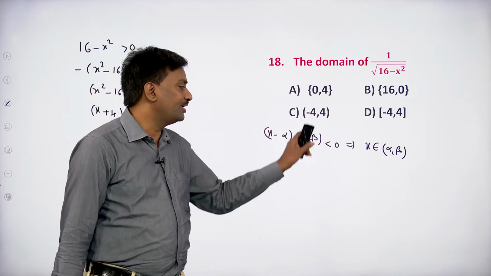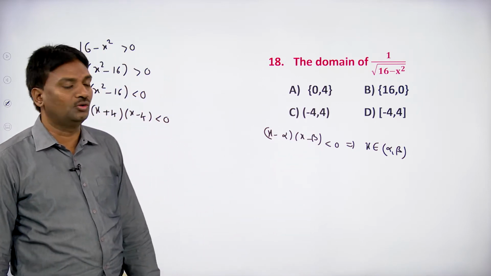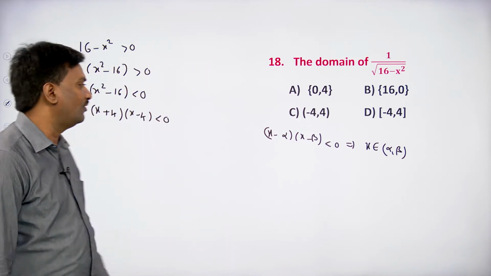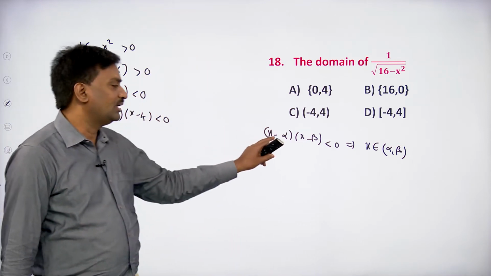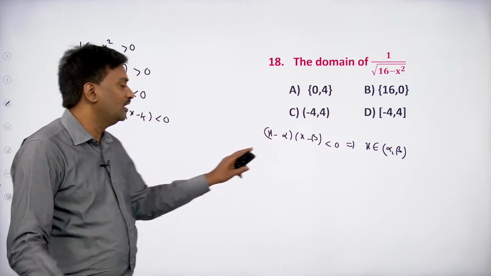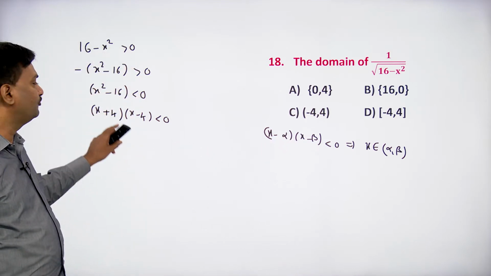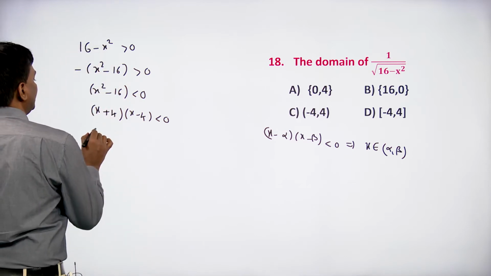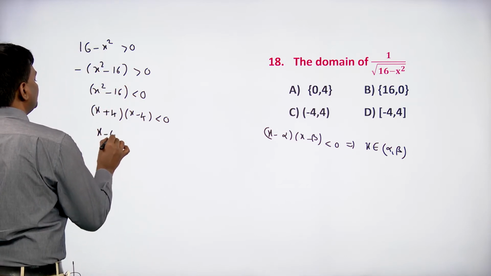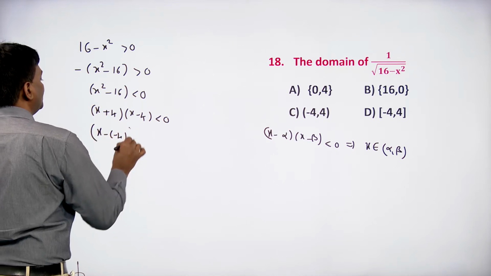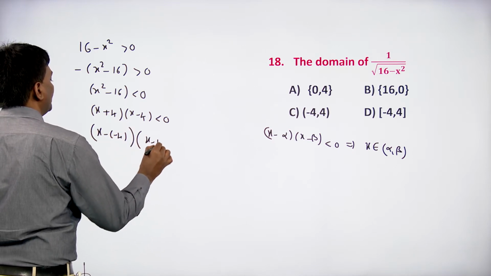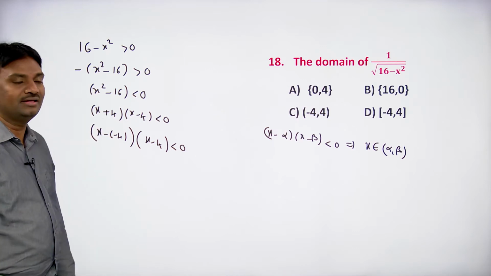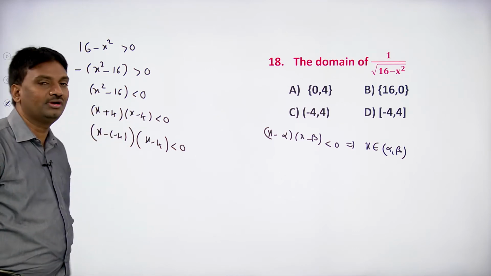If we have x minus alpha into x minus beta less than 0, then we can express it like this: x belongs to the open interval alpha beta. Here x plus 4 is there, but we need the form x minus alpha. So to make x plus 4 in the form of x minus alpha, we can express x plus 4 as x minus of minus 4. So we can write it as x minus of minus 4 into x minus 4 less than 0.